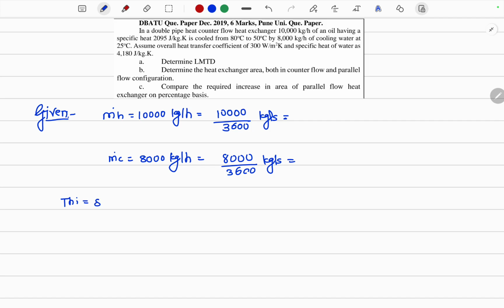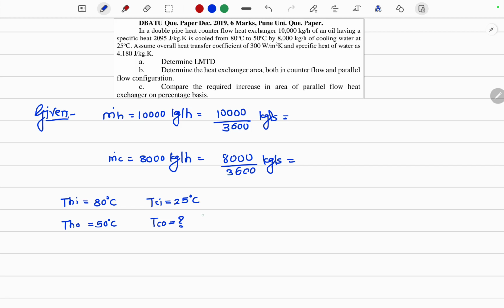THI, which is 80 degrees Celsius. Then we have THO, which is 50 degrees Celsius. We have TCI, which is 25 degrees Celsius, and TCO is not known to us.